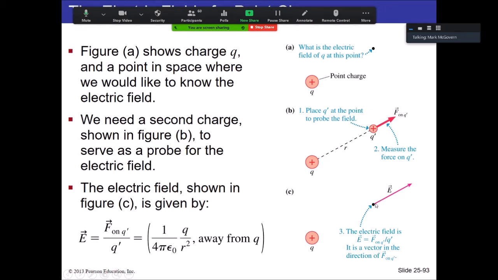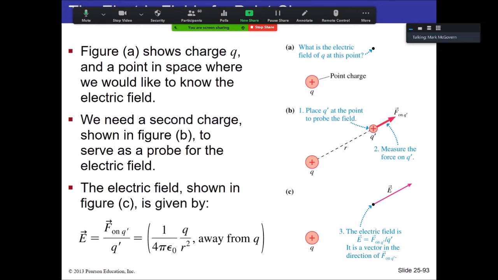Therefore, the electric field is in that direction at that particular location. It's Coulomb's law here, but we divide out the Q prime, and we're left with the electric field being very similar to Coulomb's law, except there's only one Q at the top, and it's that source Q. This is a vector statement, and we still have this sort of vague way to express direction. In this case, it's away from Q. If there was a negative in here, it would be toward Q.